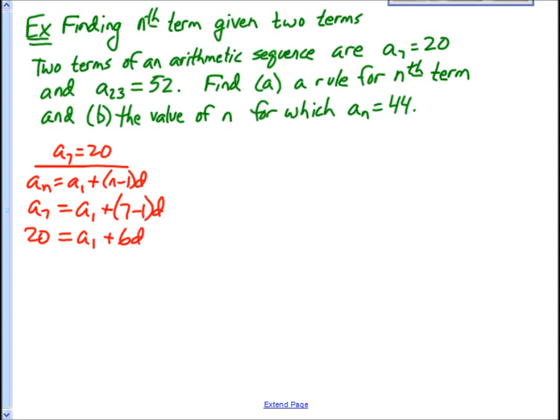Okay, so you see how I have an equation there? 20 is a1 plus 6d, but I also have this other one. a23 is 52. So if I plug this in, I'm going to have a system of equations, and I can use substitution to solve this thing.